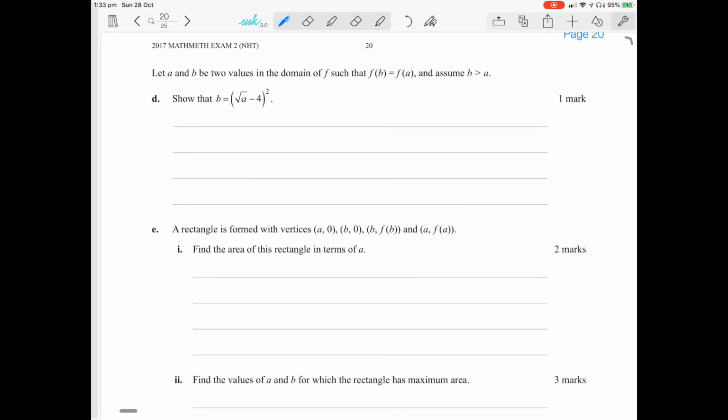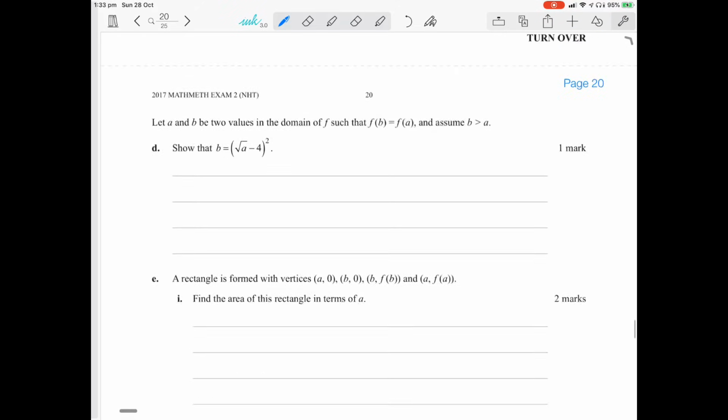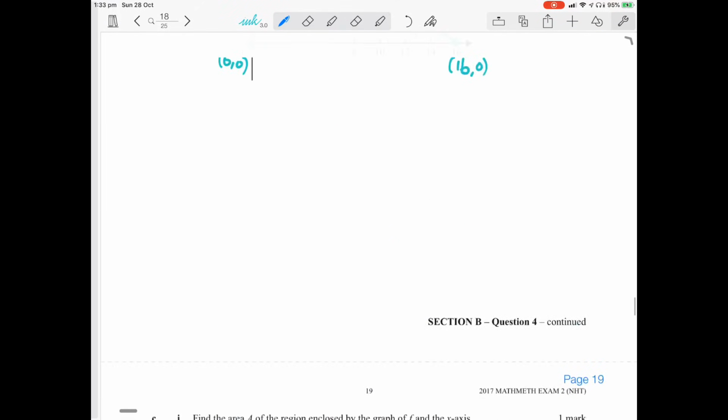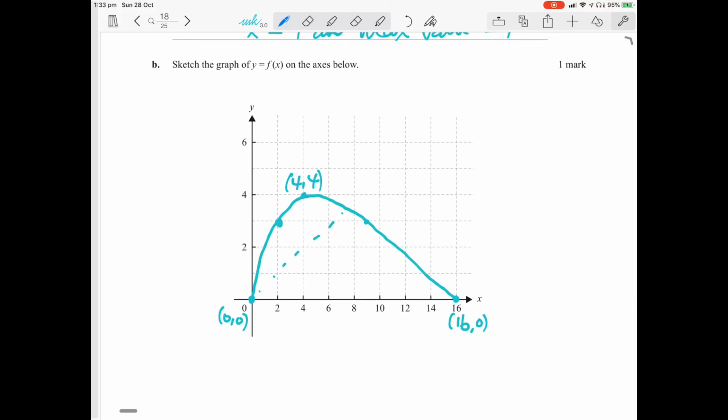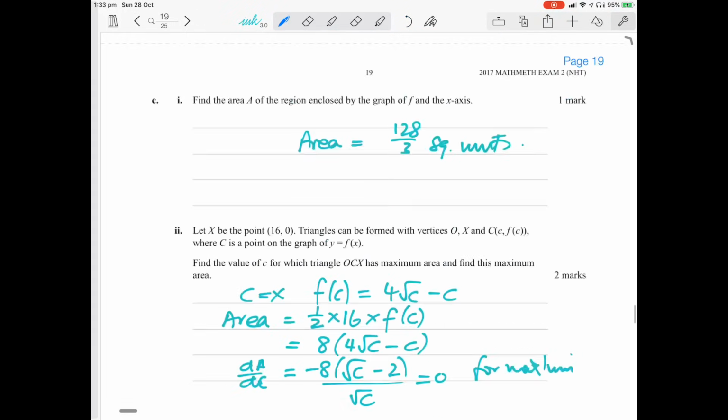Okay, A and B are values on the domain of f such that f of B is equal to f of A. Assume B is greater than A. So that would mean that because they're the same height, those two points line up.